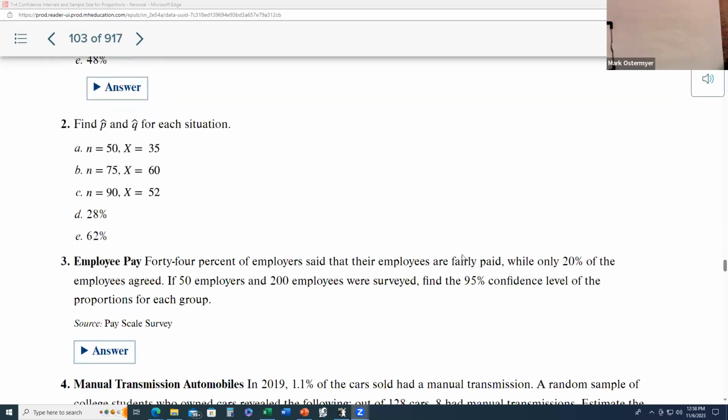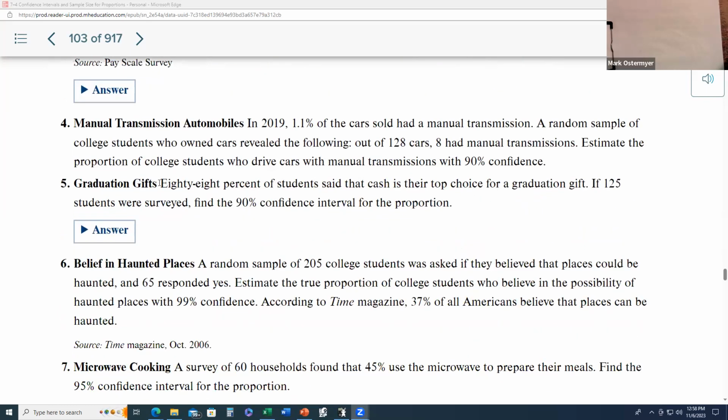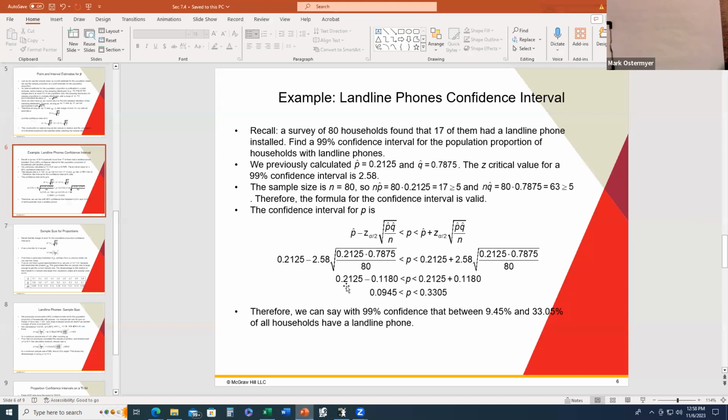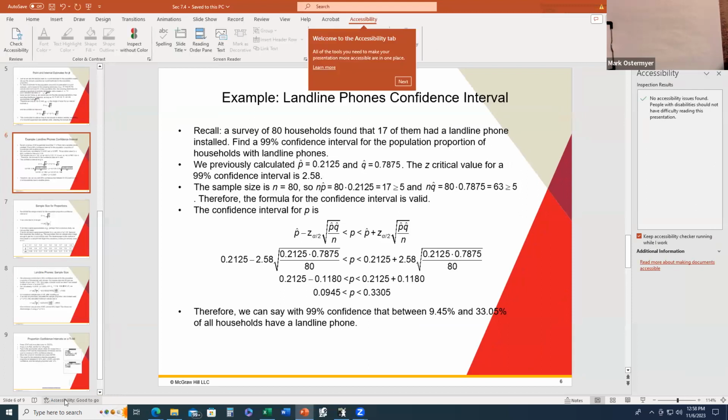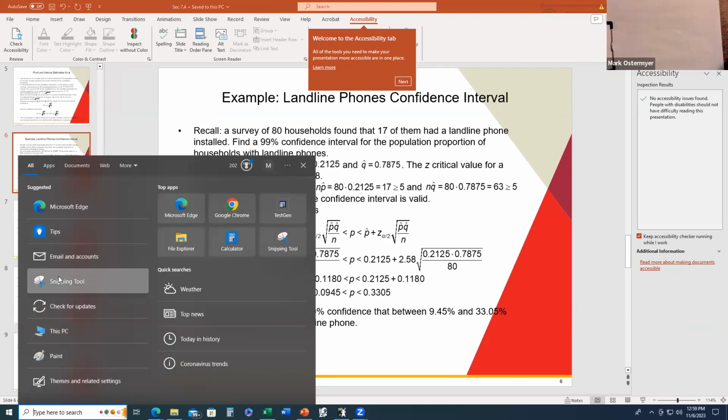Okay, let's go on down here now. And I'd like you to try to do problem number 4 here. Now, I would like this problem to be done, ladies and gentlemen, both ways, manually and with the calculator. Let me go back and grab the formula here for the manual construction of that.